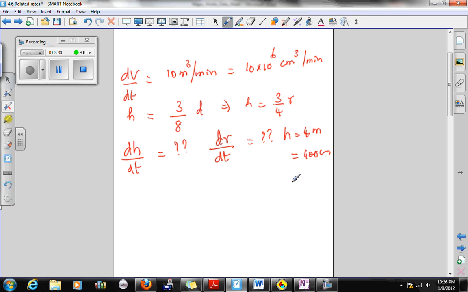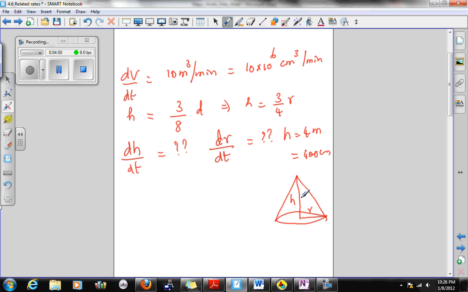Now let's just go ahead and draw the diagram. So it is a conical pile. If you understand the question, if drawing a diagram is helpful, you could always draw the diagram. And it says that the height is always 3/8 of the diameter. So r is the radius and h is the height. That much we know.